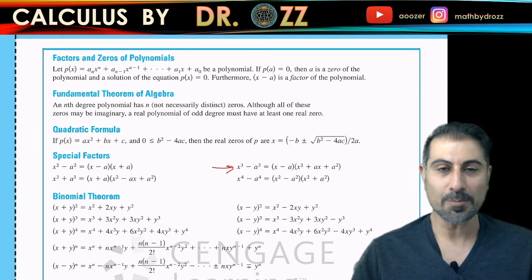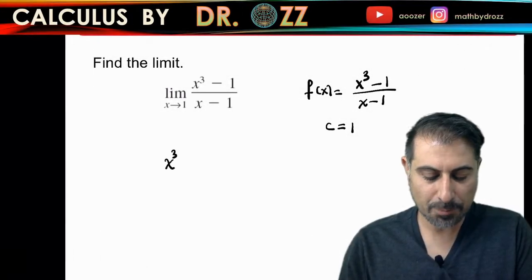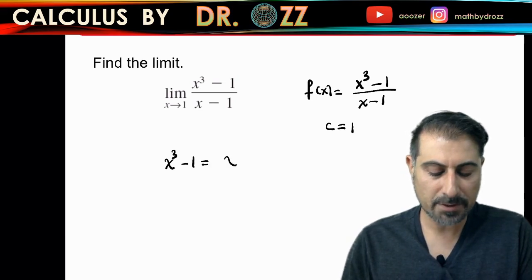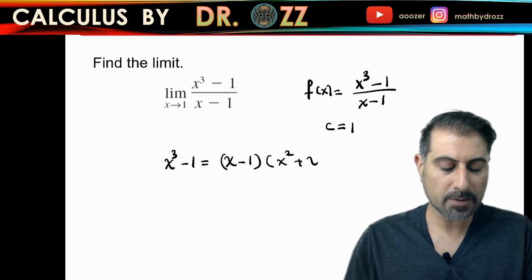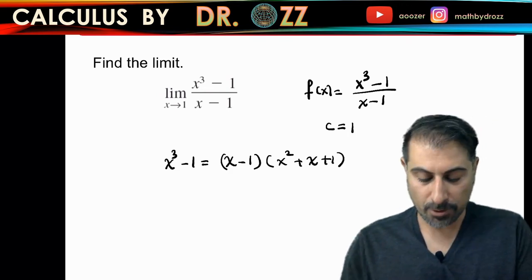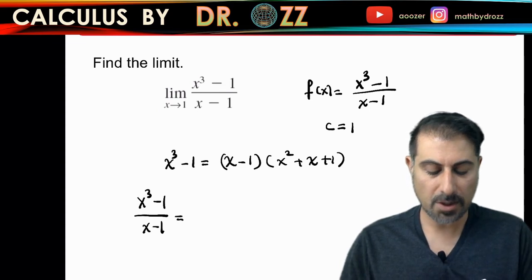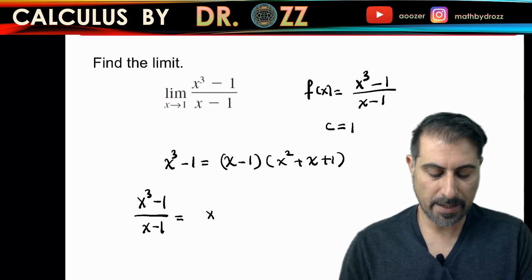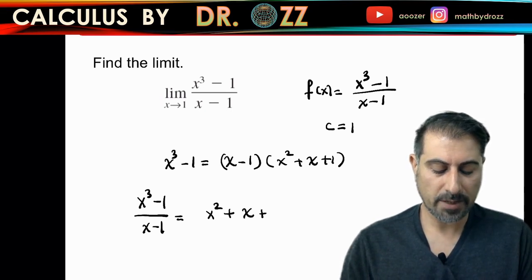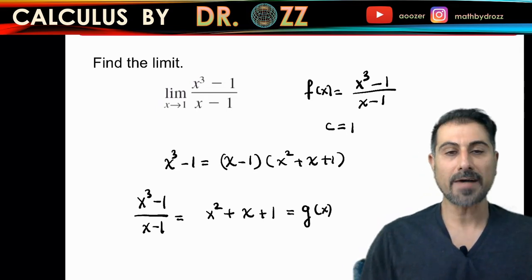Going back here, x cubed minus 1 can be rewritten as x minus 1 times x squared plus x plus 1. Therefore, this expression is equal to, and you divide out x minus 1, x squared plus x plus 1. That's in fact what we call g of x.